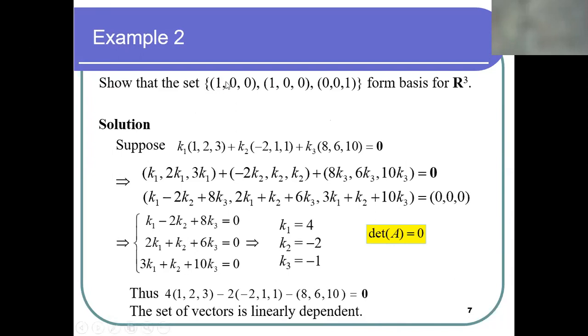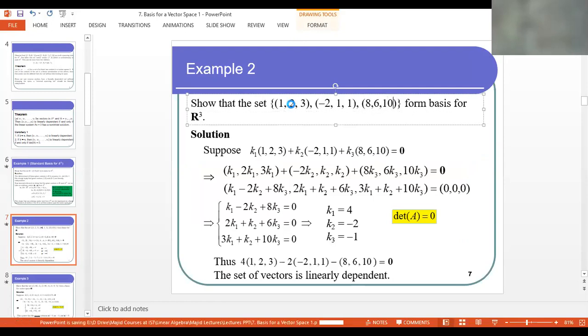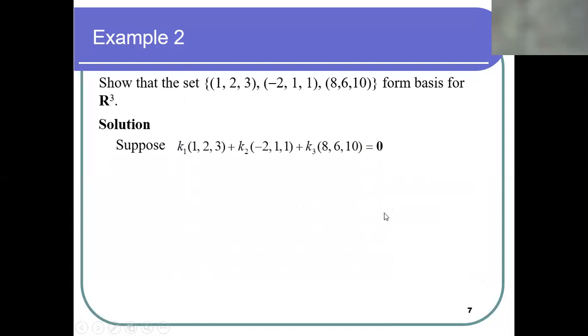So, dear student, the example should be like 2, 3, then minus 2, then 1, and then 1. Then 8, then 6, and then 0. So let me correct this example.